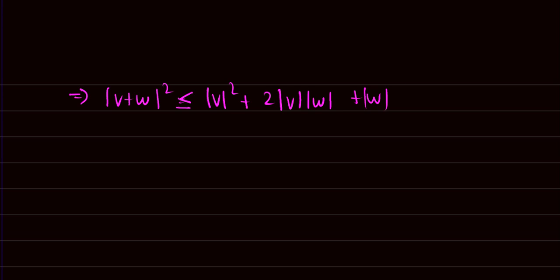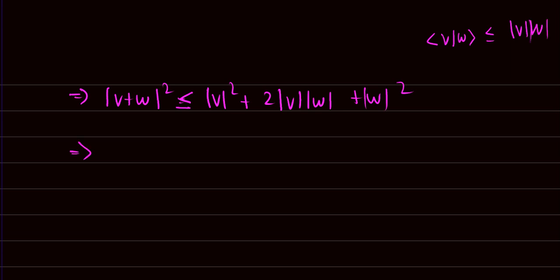So finally we can write V plus W square less than V square plus 2 VW plus W square. We are also using the Schwarz inequality here. Schwarz inequality tells us this will always be less than this thing.